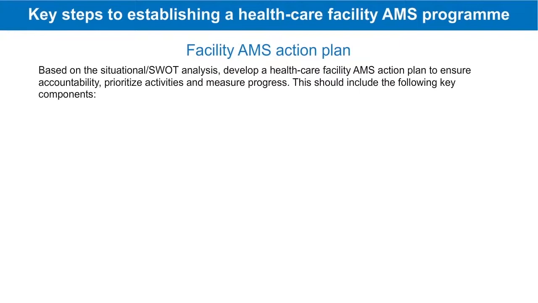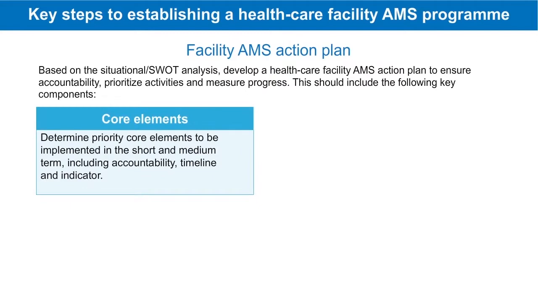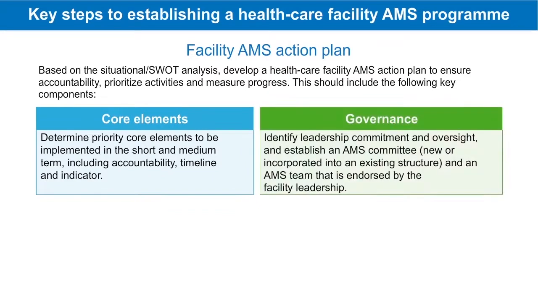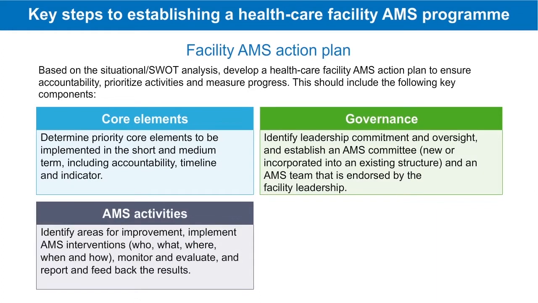Based on the situational or SWOT analysis, develop a healthcare facility AMS action plan to ensure accountability, prioritize activities and measure progress. This should include the following key components: AMS core elements to be implemented in the short and medium term, leadership commitment and AMS governance structure that may be new or incorporated into an existing structure, AMS activities to be implemented, monitored and evaluated.